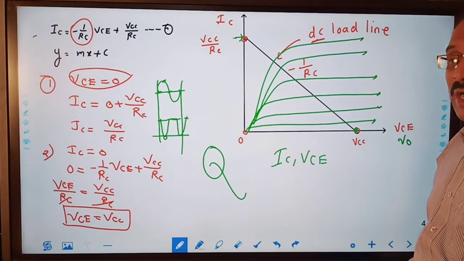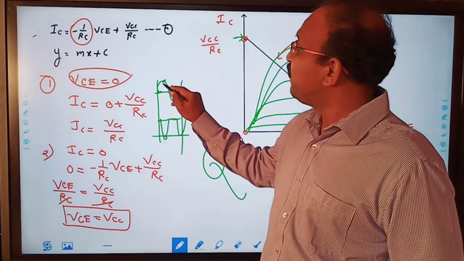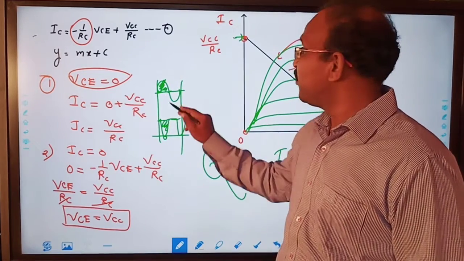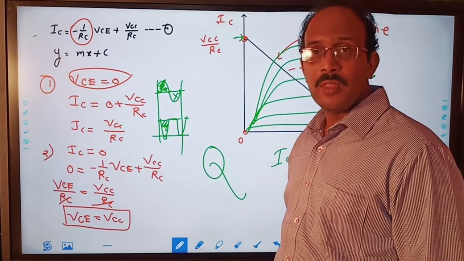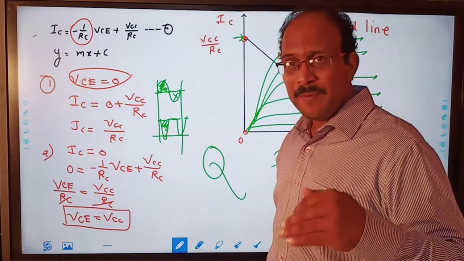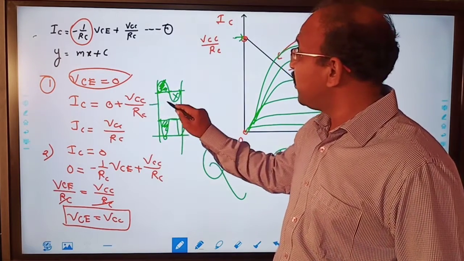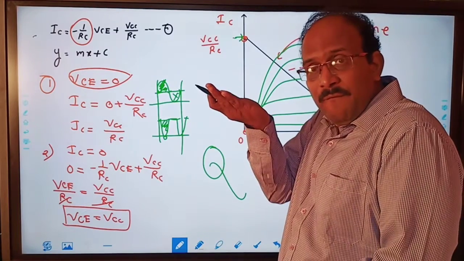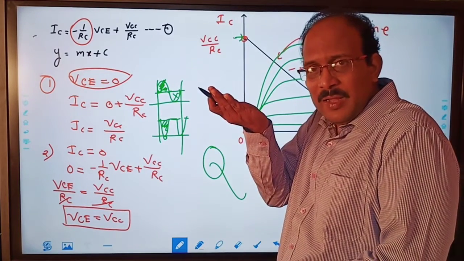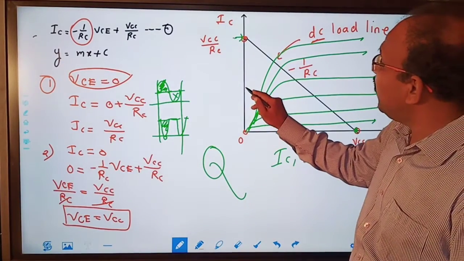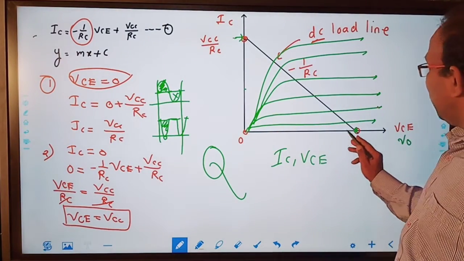And what do we get? We get amplification of only the positive half cycle. We don't get amplification of the negative half cycle. Now when we apply biasing, this is shifted up 50%. Got it? So that's why this is 50%, so this will decrease 50%.